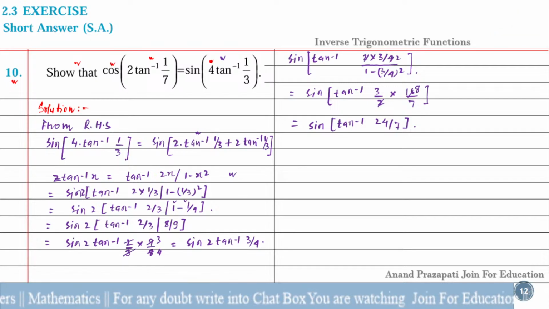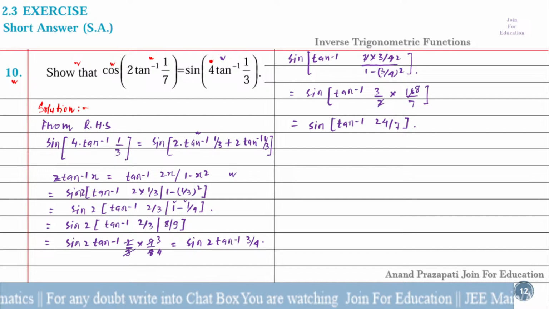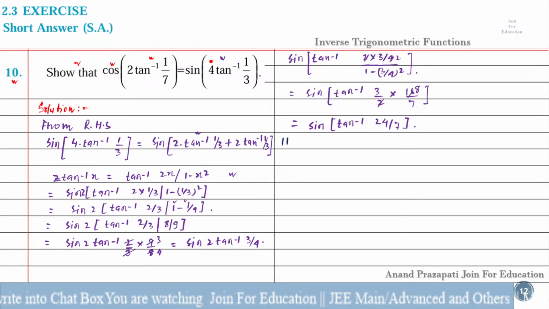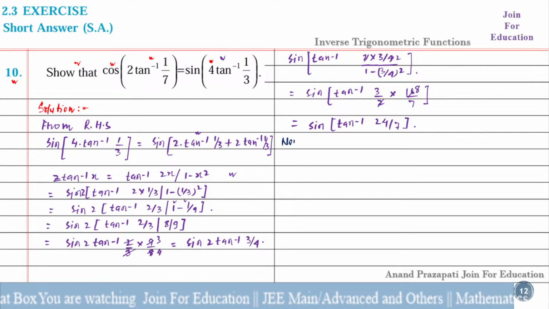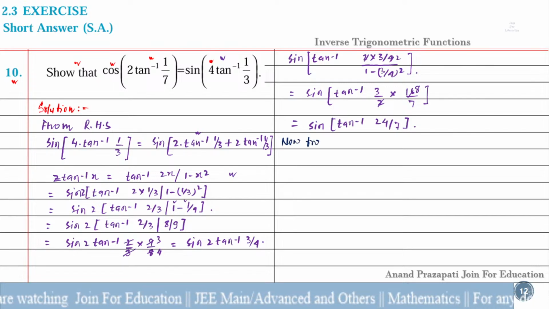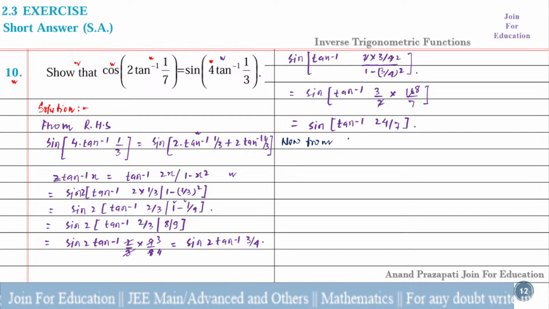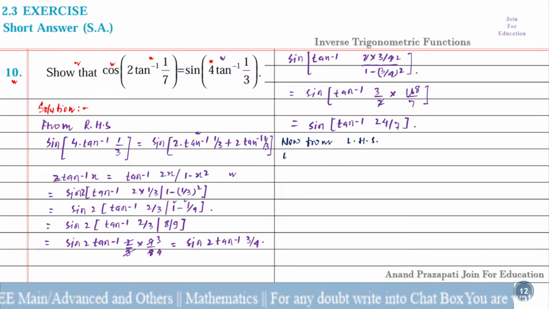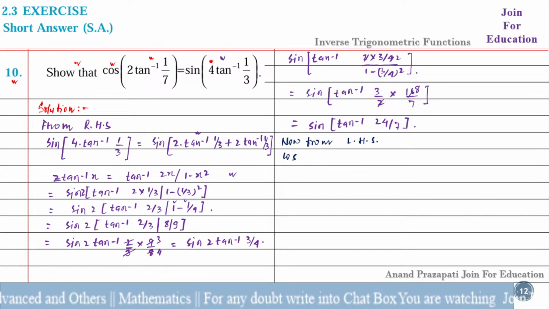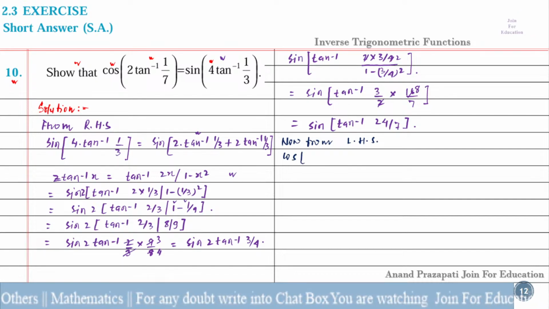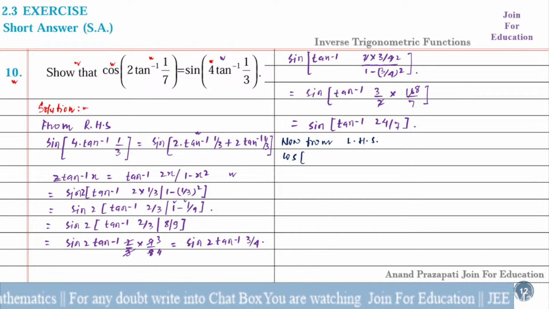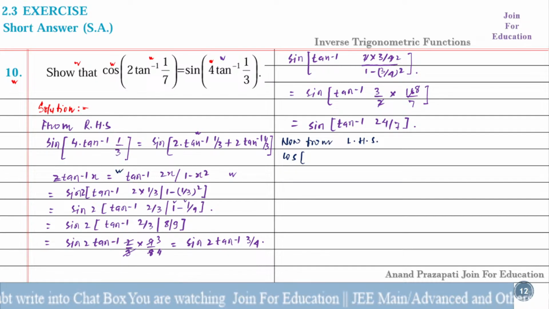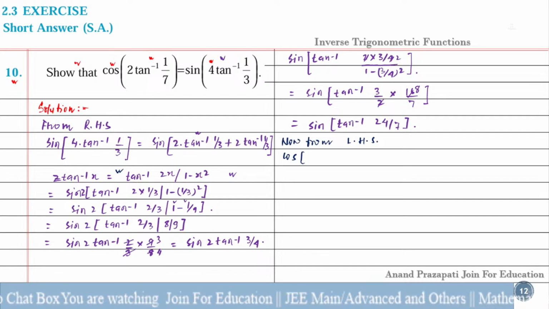Now from LHS. So here cos, and we expand 2 tan inverse 1 by 7 according to 2 tan inverse x equal to tan inverse 2x by 1 minus x square.